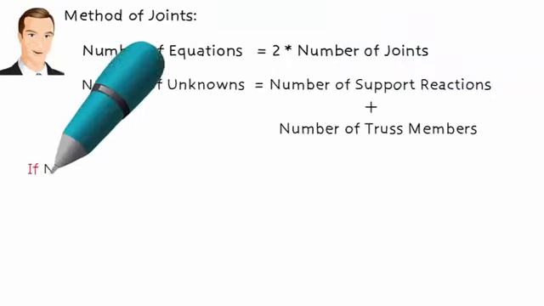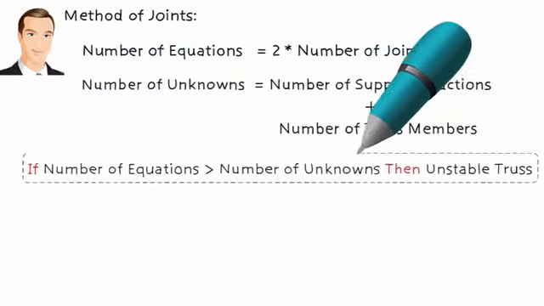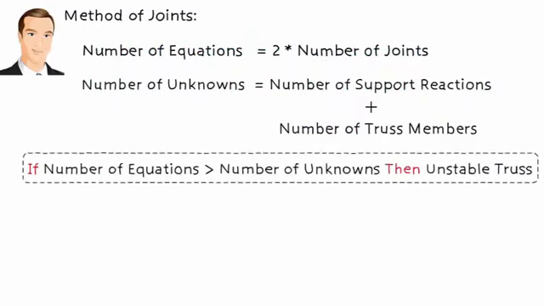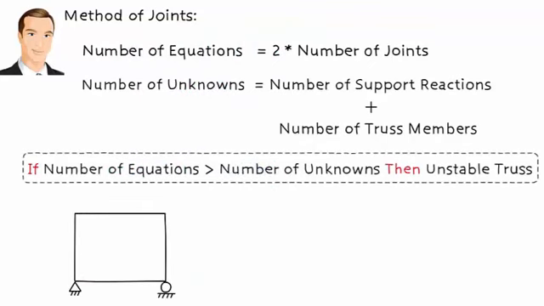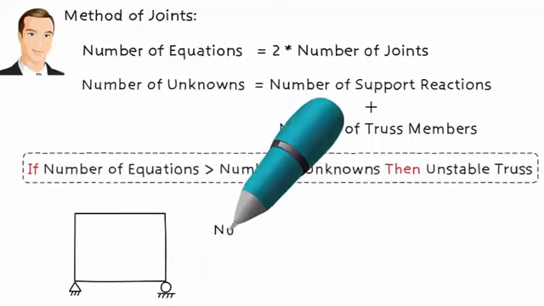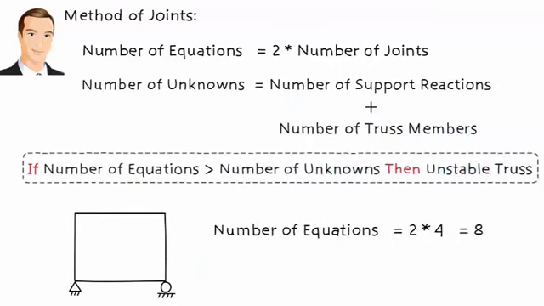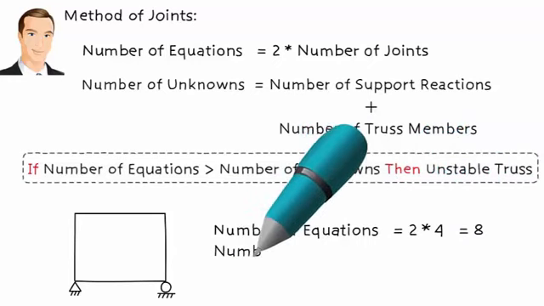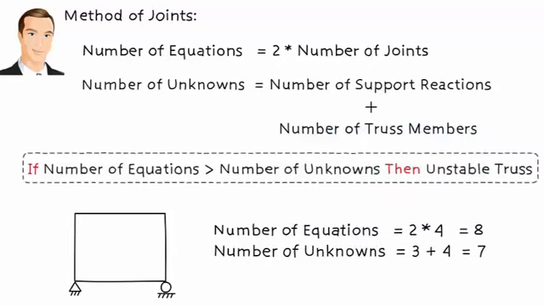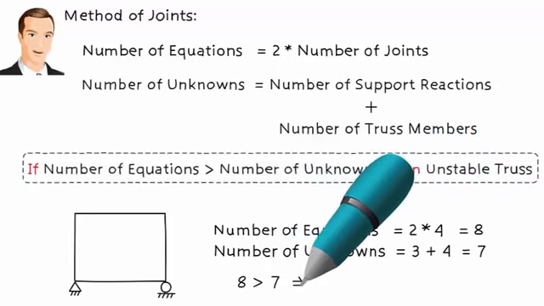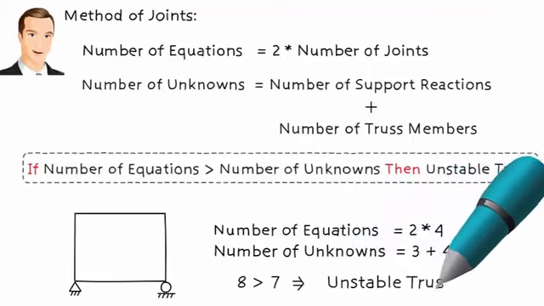If the number of equations is greater than the number of unknowns, the truss is unstable. So here we have 8 equations, but only 7 unknowns. So the truss must be unstable.